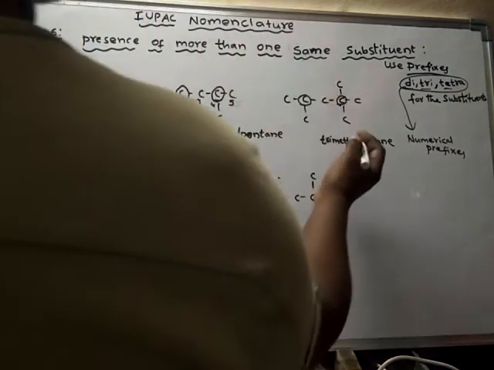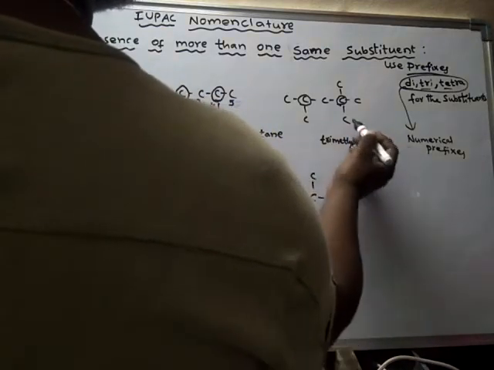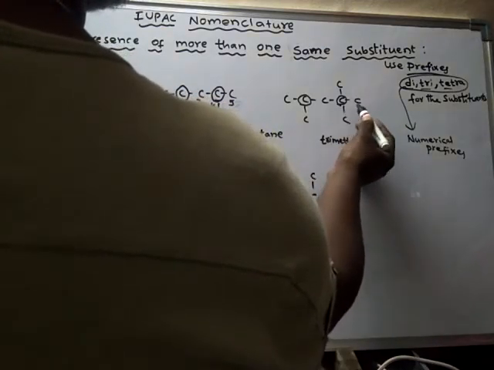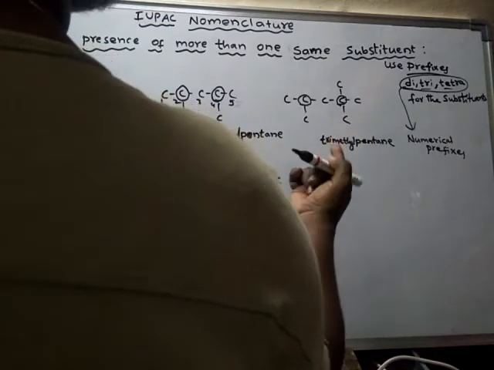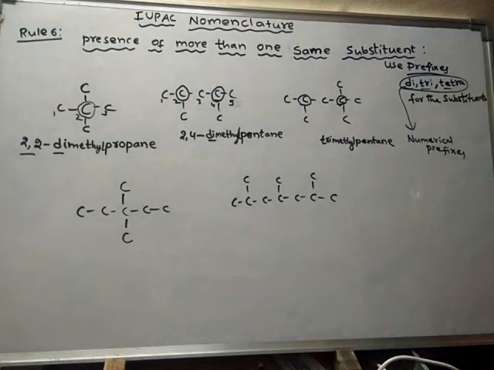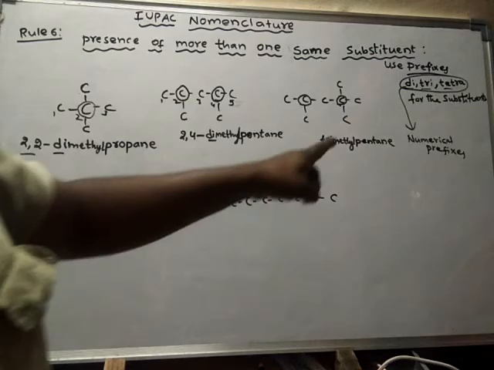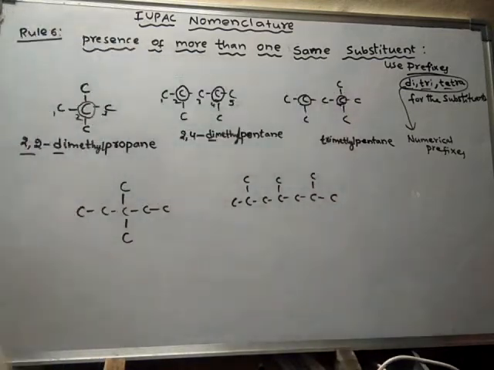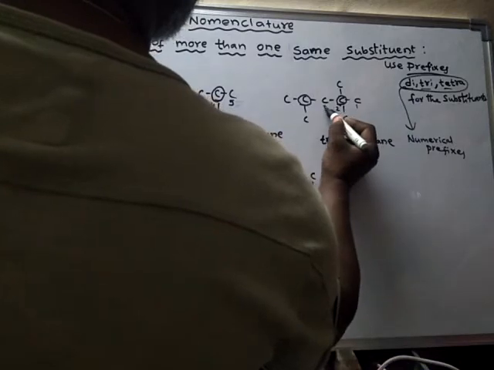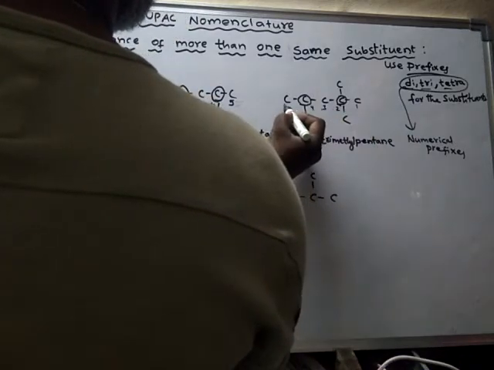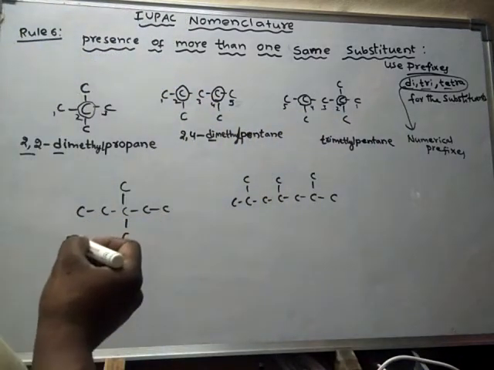Lowest sum rule here, I mean lowest set of locants. The lowest sum rule says that we have to give numbering from here onwards: 1, 2, 3, 4, 5.